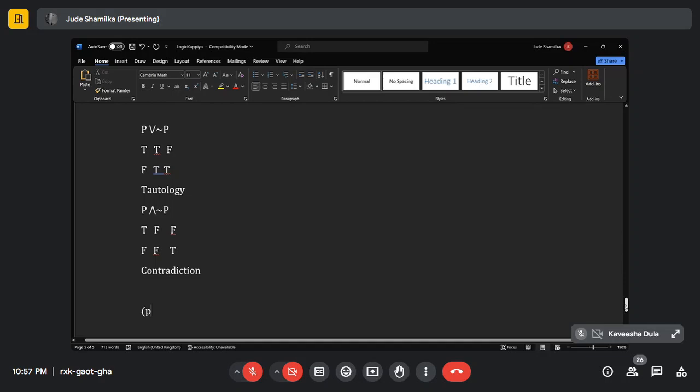If all false, then we call it a contradiction, and if it is a mixture of both, it is going to be contingency. And if all are true, then it is a tautology. That is, I think, clear.